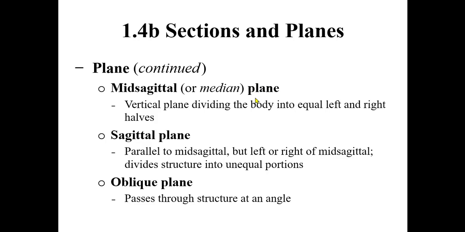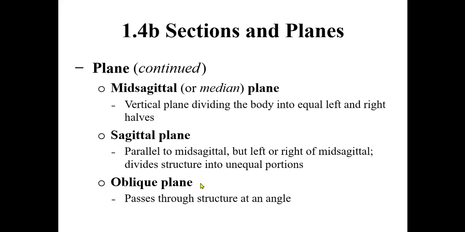Now, what if I didn't go right down the midline, but just went down, say, the shoulder? Then that's a sagittal. A sagittal is simply a left and a right, but it does not imply that it's equal. Rather, it is actually unequal. So one more time, sagittal is simply a left and right. It does not necessarily imply that it's equal, and only mid-sagittal would be an equal left and right.